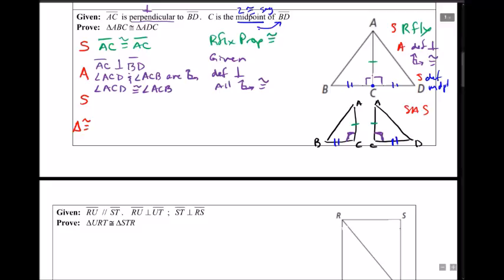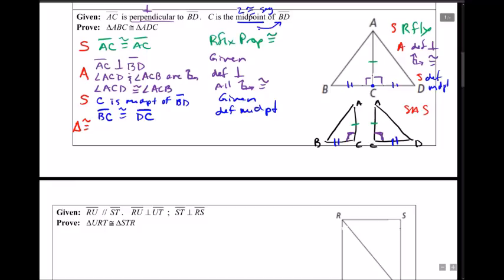Well, I was given that C is the midpoint of segment BD. That was a given. And what did that let me do? That let me say that segment BC is congruent to segment DC. And that is just the definition of midpoint.